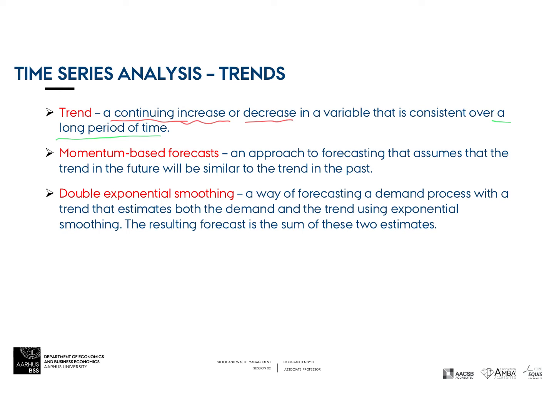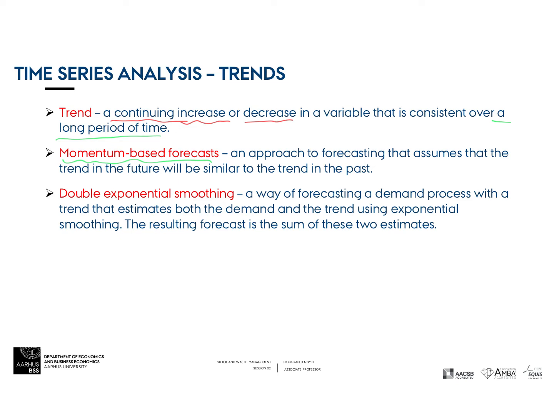You can also do momentum-based forecasting, an approach to forecasting that assumes that the trend in the future will be similar to the trend in the past. That's the assumption for time series analysis with trends.